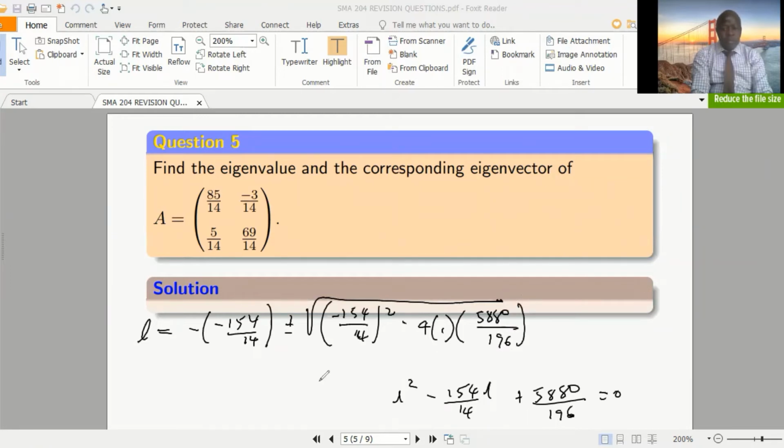So this is lambda, divided by 2 times 1, which is 2.